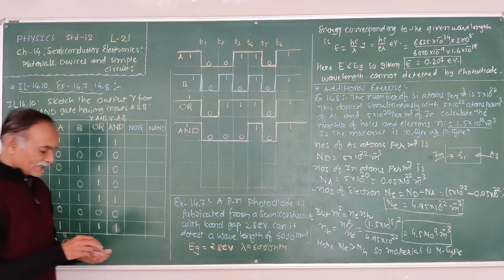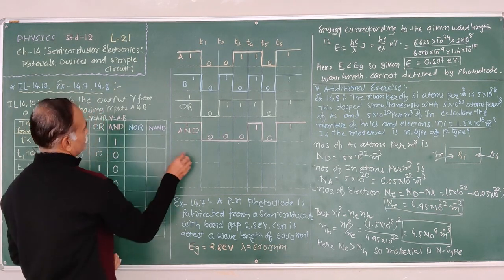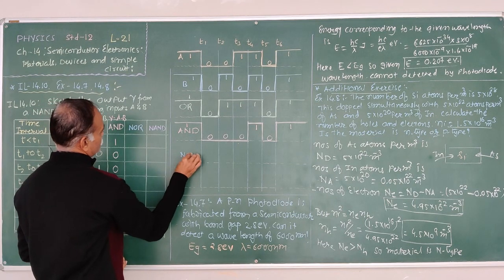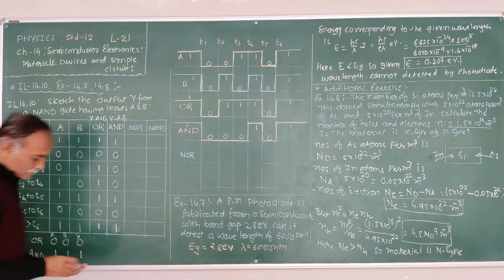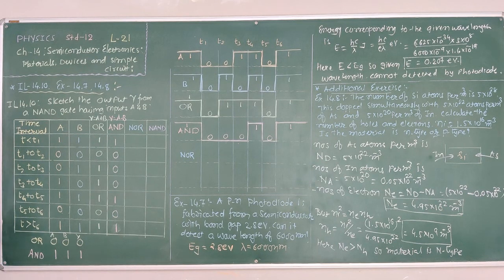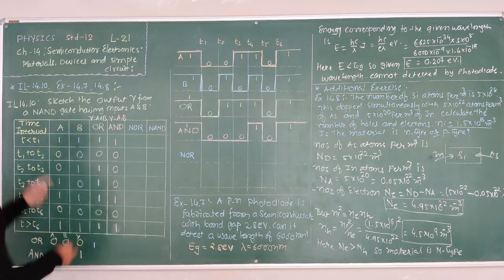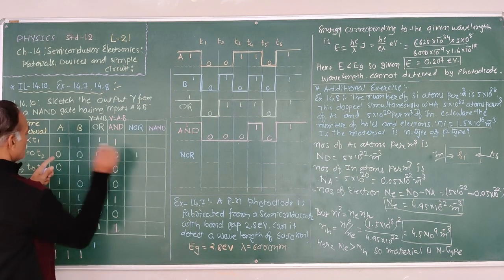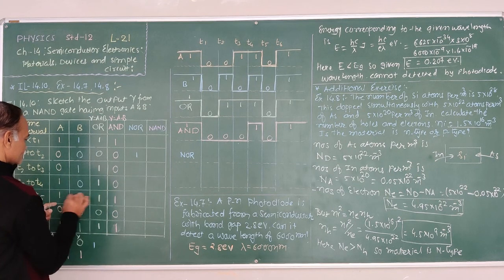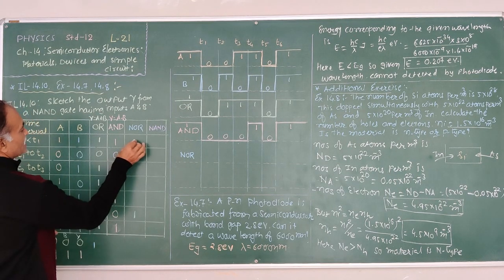Now for the NOR gate, what is the characteristic of the NOR gate? NOR gate has the characteristic that if both inputs are 0, output is 1, otherwise 0.